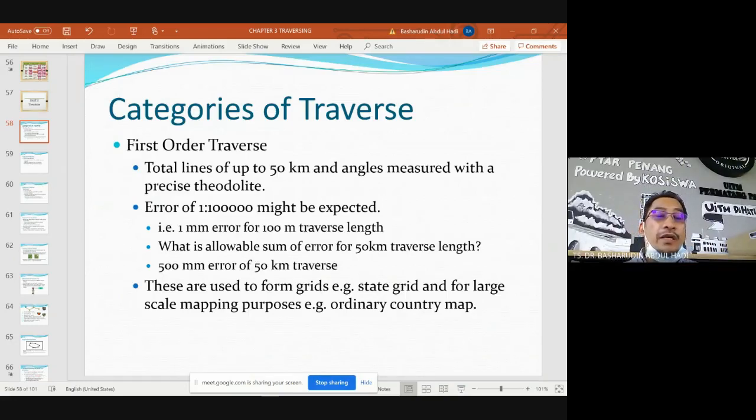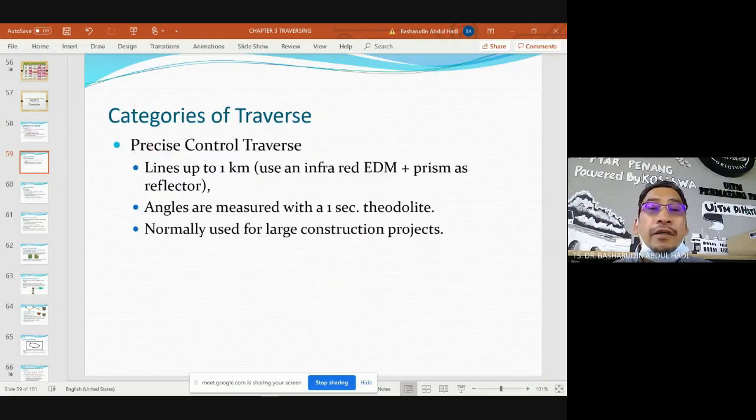If you are doing traversing, you can go for first class traversing when your error is 1 in 100,000. That means if you measure 100 meters, your error is just 1 mm. So we consider this first order, first class traversing. Right. Okay, and then we also have the precise control traverse.